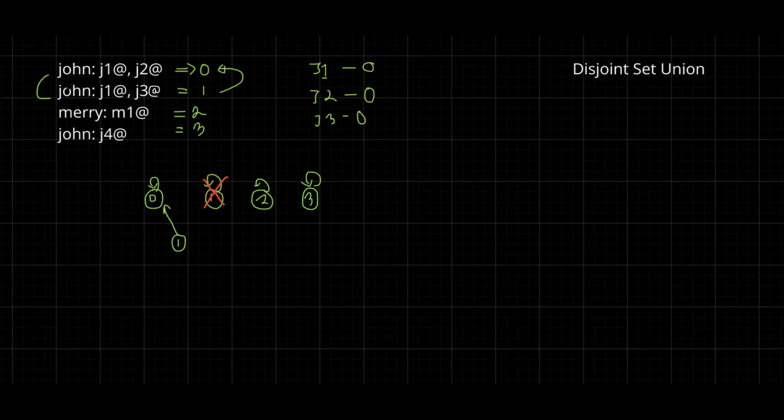So here we will discard it and we will add J3 here into group 0.